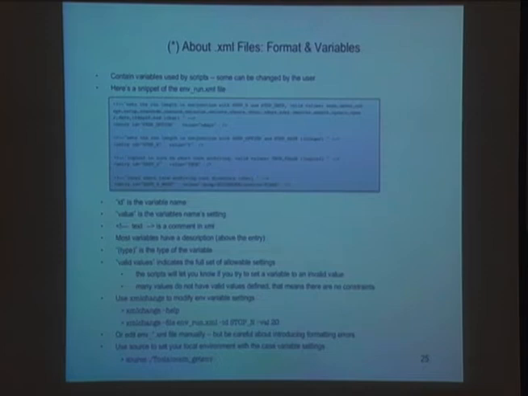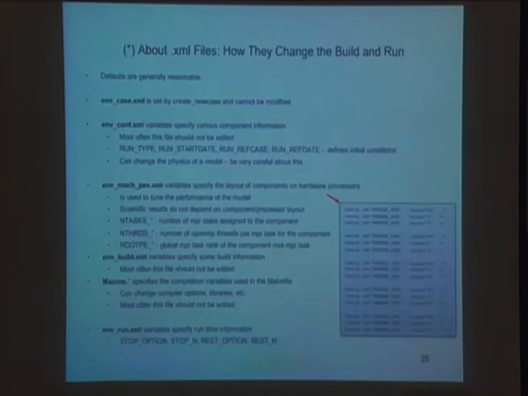But you can do that yourself by doing this command at the bottom here. You can use this to see the final value of certain variables, which is handy in a handful of cases. Okay, so here are these XML files grouped together. They're about different things.